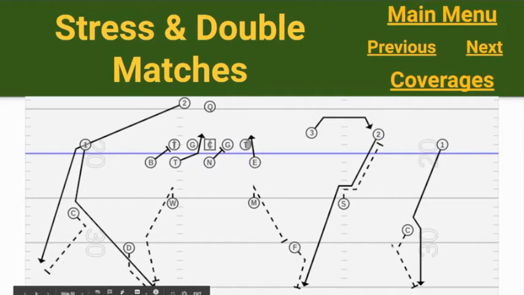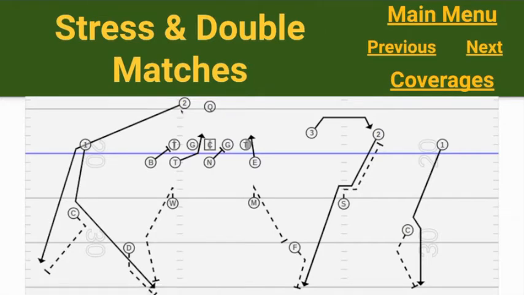Free safety inside on top. Corner is going to play inside on top unless that split gets really, really narrow. On the backside, we're in double, and this is another example of why, if their best player is either the running back or that single receiver, being in stress is probably better, because if they wheel that running back out, we're going to be able to have the corner match up on that.